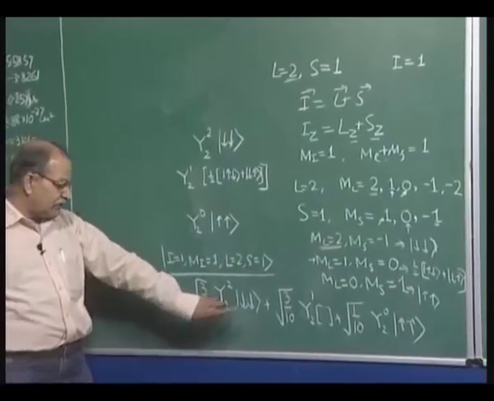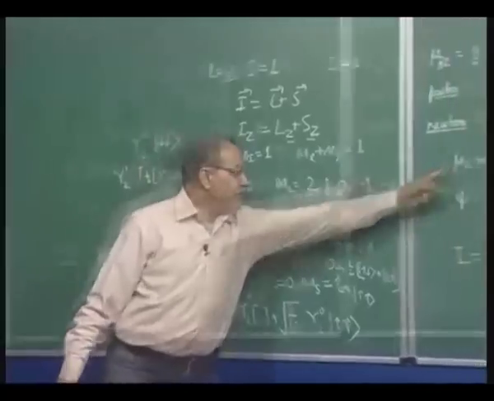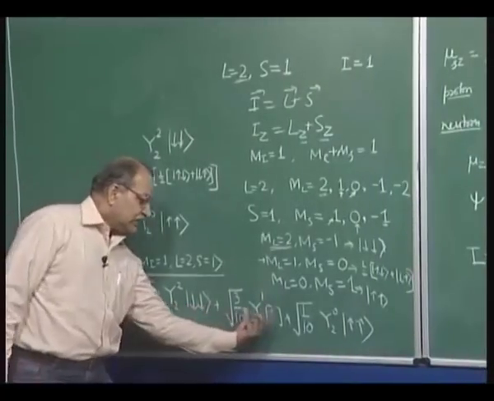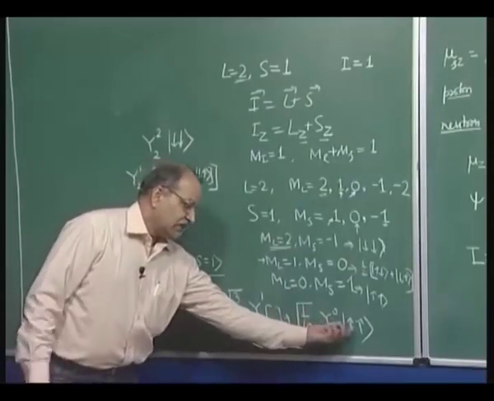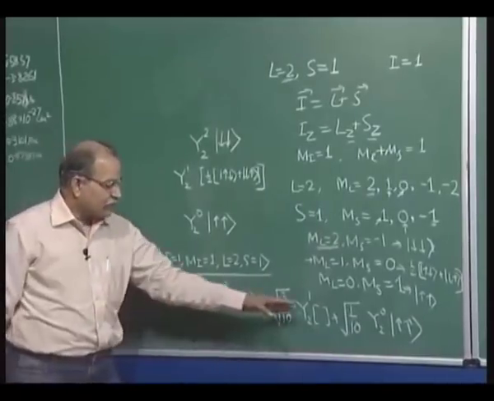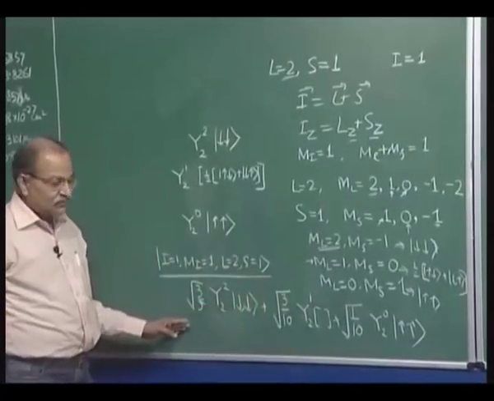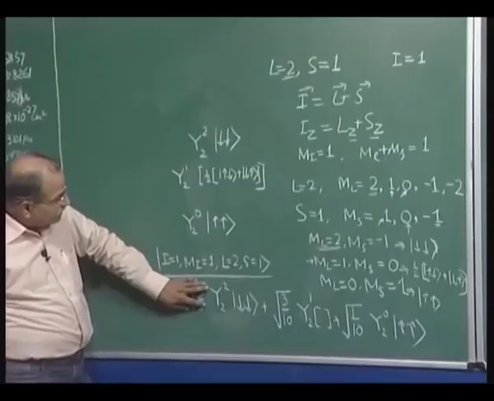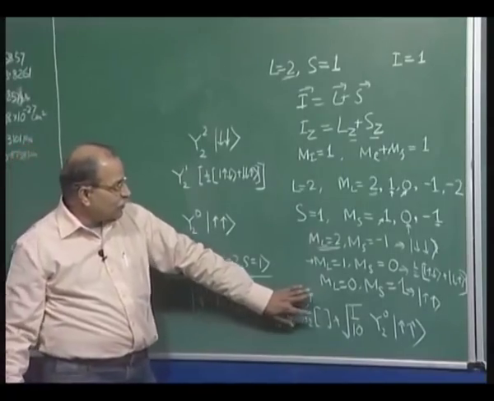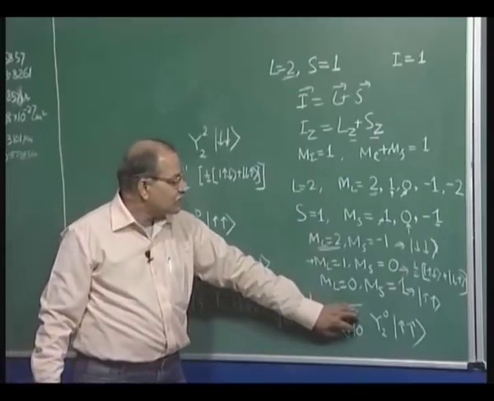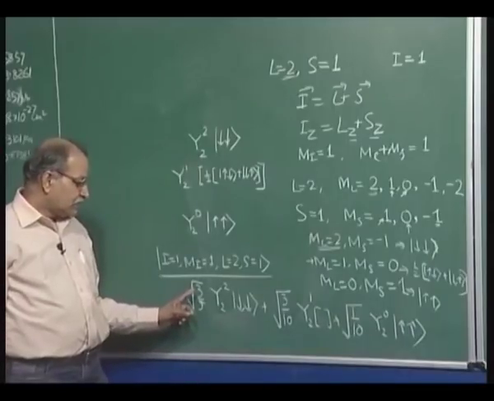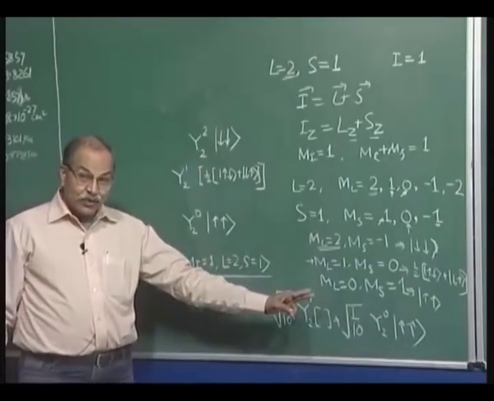But separately if you have worked this mu z average with this wave function and gotten some value, then this wave function gotten some value, this wave function gotten some value, then using those 3 you can calculate the net mu z. That will be this square into the value corresponding to this, plus this square into the value corresponding to this, plus this square into the value corresponding to this, and see these coefficients, the squares of them should add to 1.